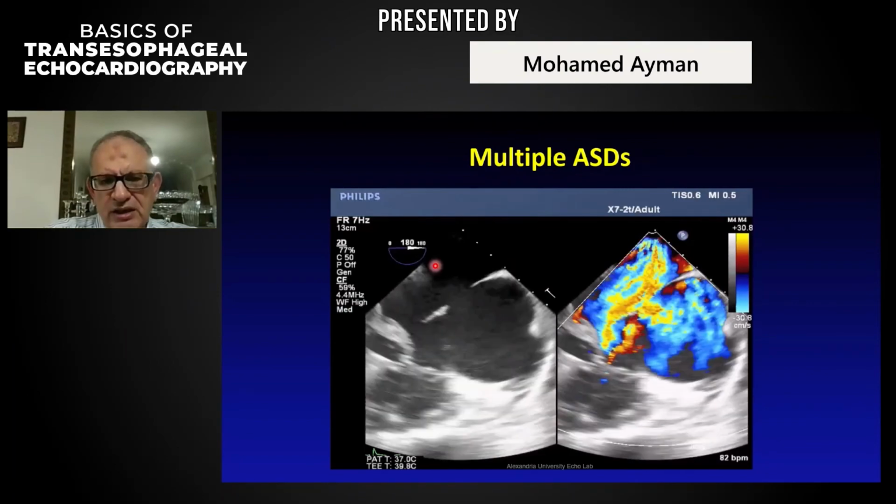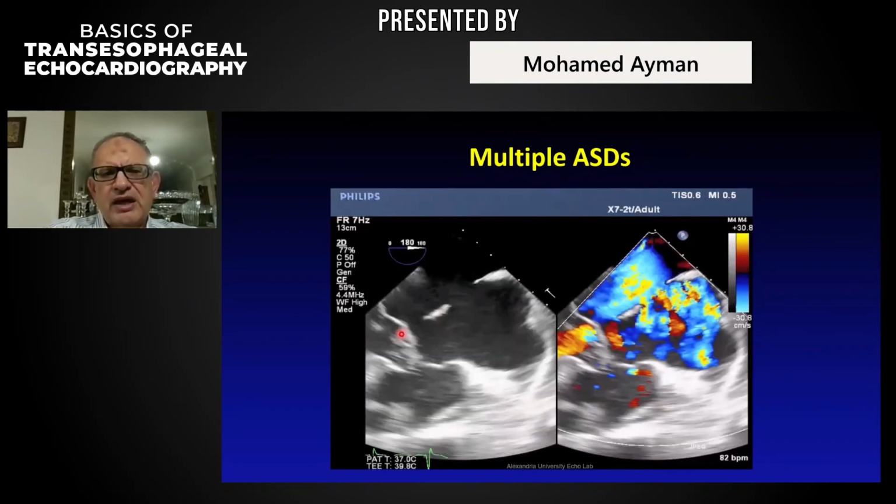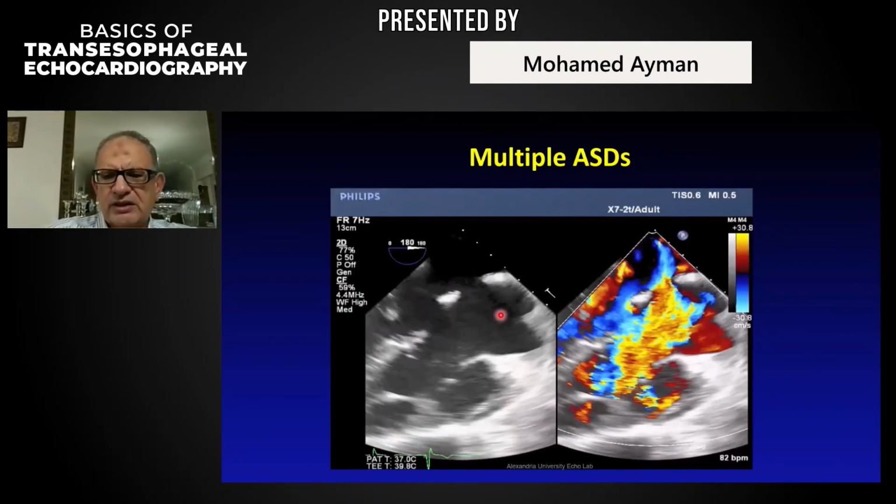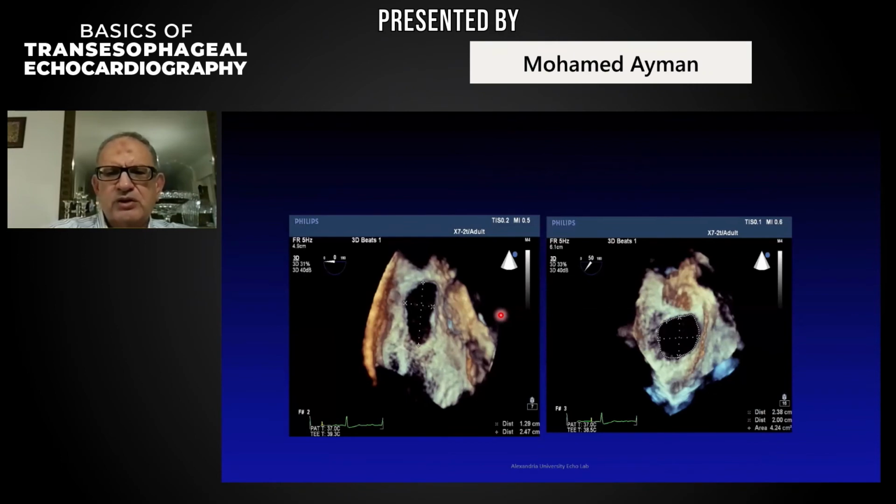So TEE can give you an idea about the number of the atrial septal defects. Also, 3D TEE can give you the shape of the defect and the size of the defect, which is important for percutaneous ASD closure.